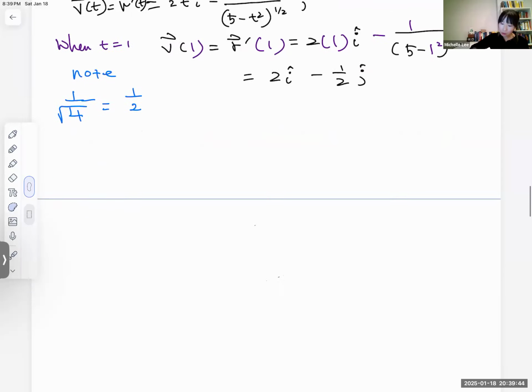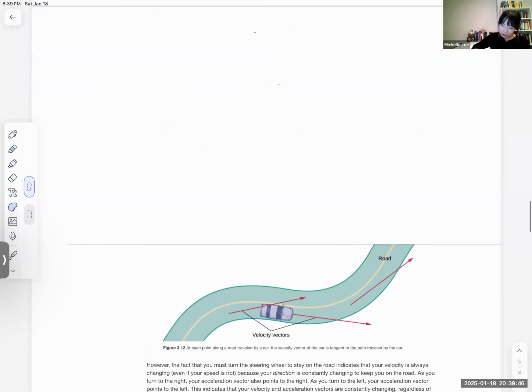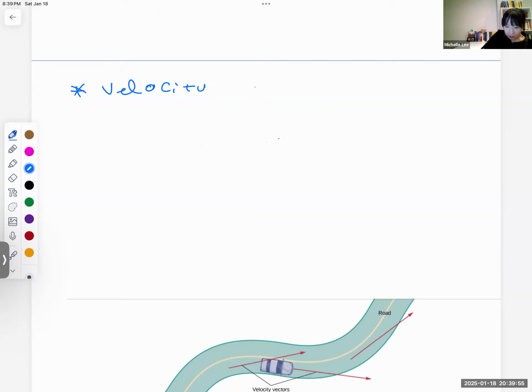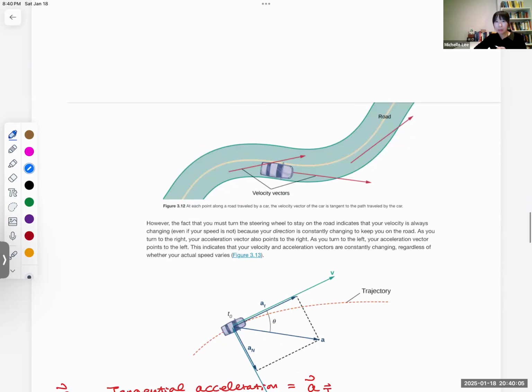Okay, so let's talk about velocity vectors and acceleration vectors. We have a nice picture here. Think about when we are driving.